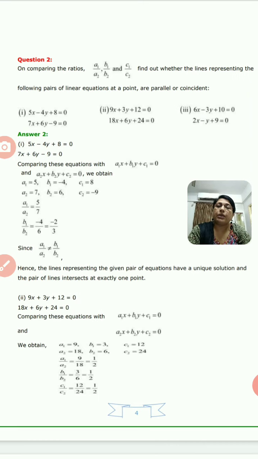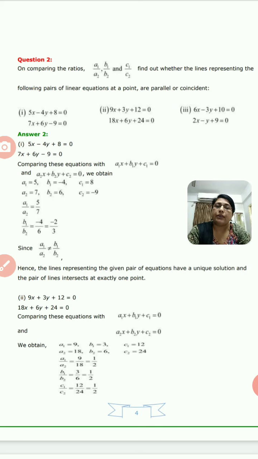Now question number 2 is very important for your board exam, as they always ask a 1 mark question from this knowledge of the ratios A1 upon A2, B1 upon B2, C1 upon C2.